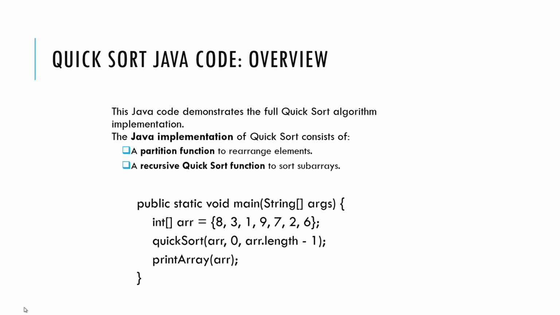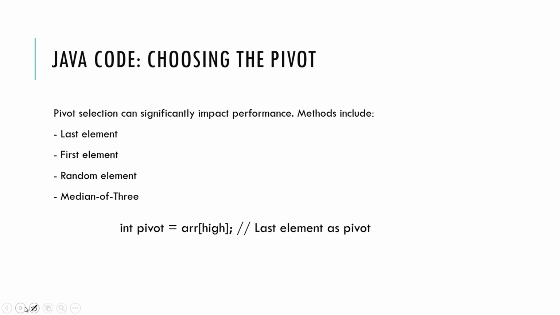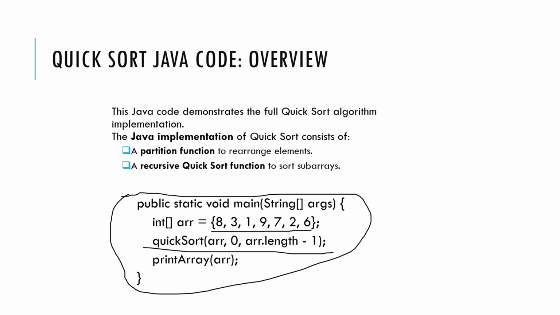Now we see the code, where we see the main method that has an array, uses quicksort and prints the array. So we print the new array that will be 1, 2, 3, 6, 7, 8, 9.